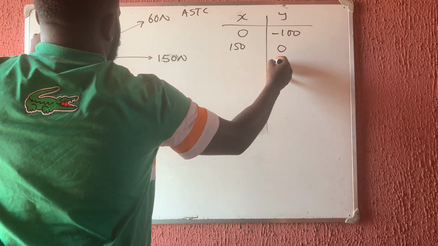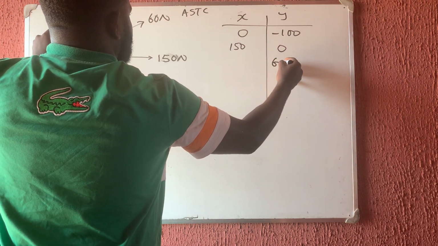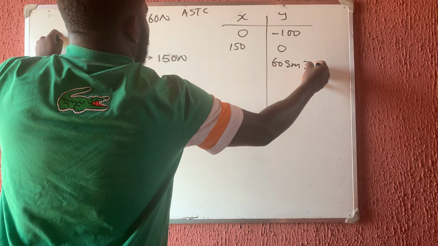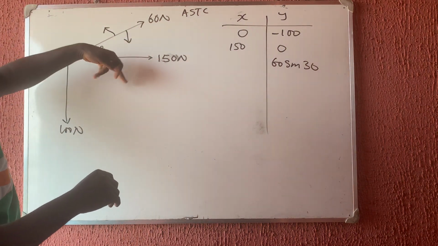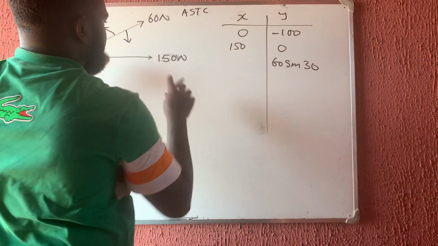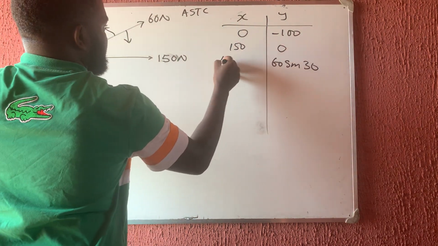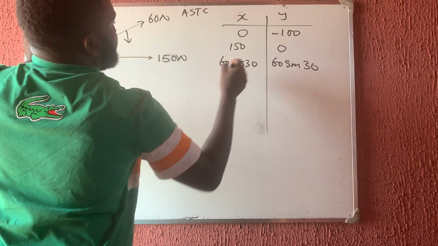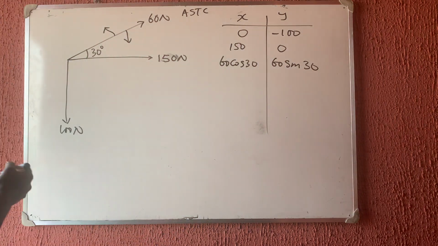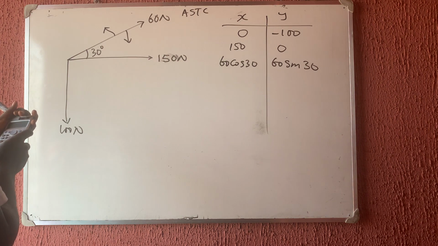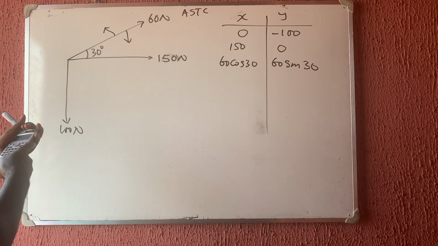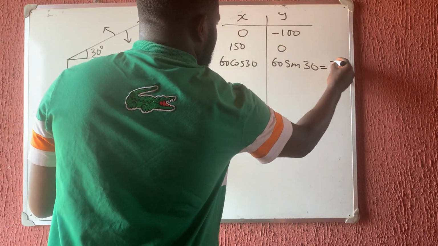So I'm going to have 60 sine 30. But moving it this way is going towards the angle, and towards the angle use cos. So it's going to be 60 cos 30. So let's get the total. 60 sine 30 will give you 30.